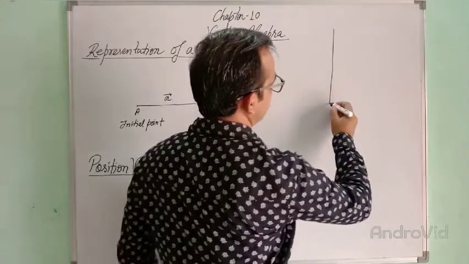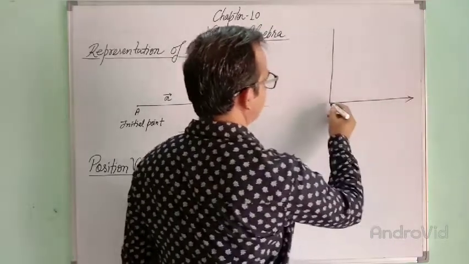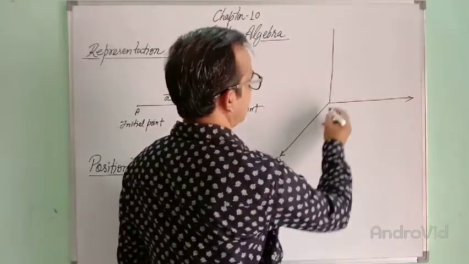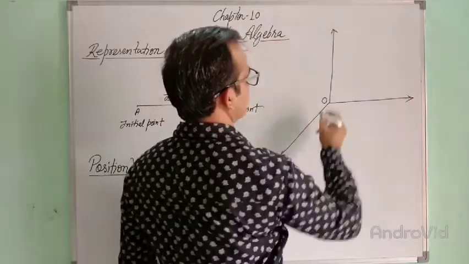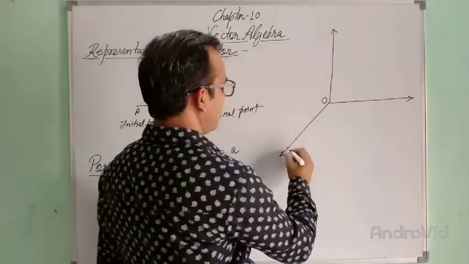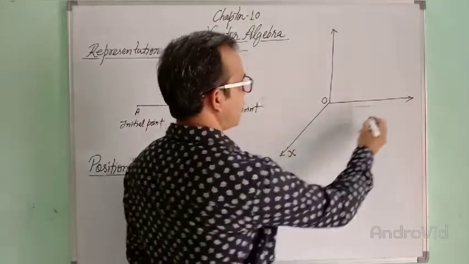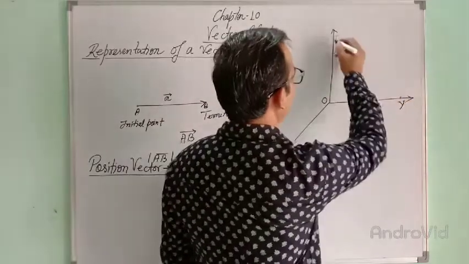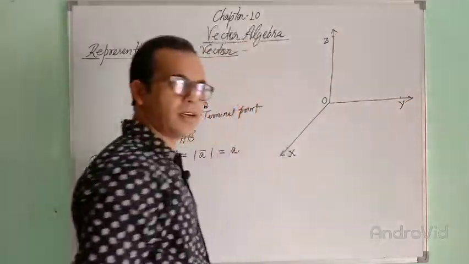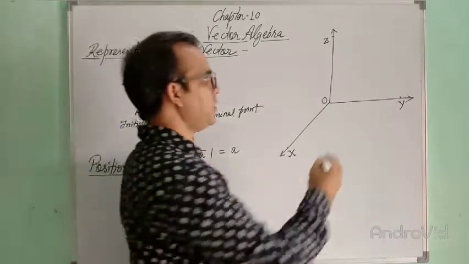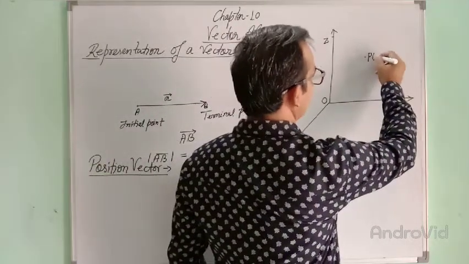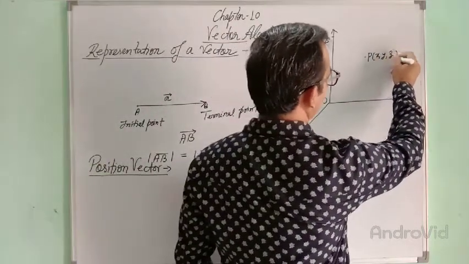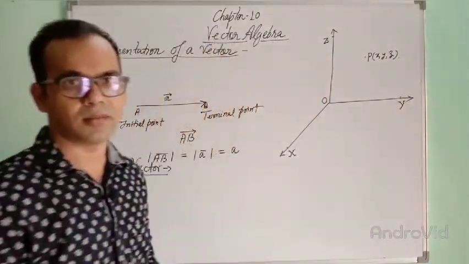Let's consider a three-dimensional space. It has the origin at O and coordinate axes OX, OY and OZ. And let us suppose that P is a point in space that has the coordinates x, y and z.